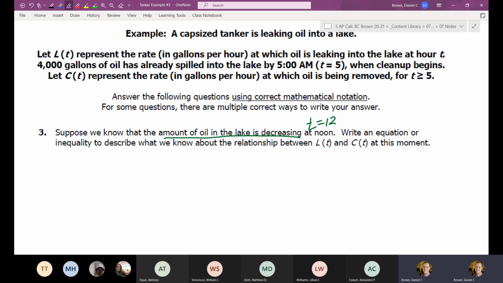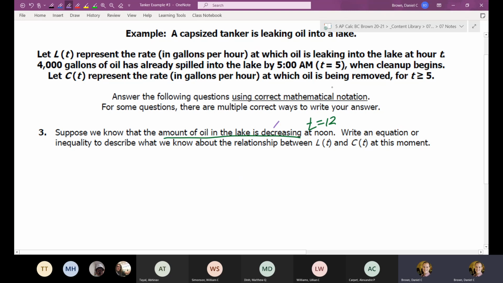Let's connect some things that we know about calculus in general for this problem. Ignore this problem right now. In calculus, what would it mean for something to be decreasing normally? How would you tell a function is decreasing? Negative slope. Slope we know is the same thing as a derivative.